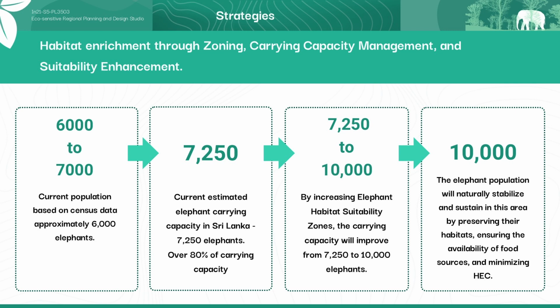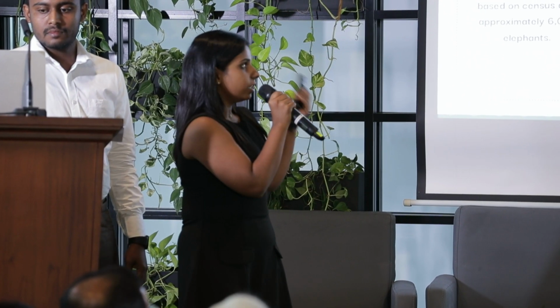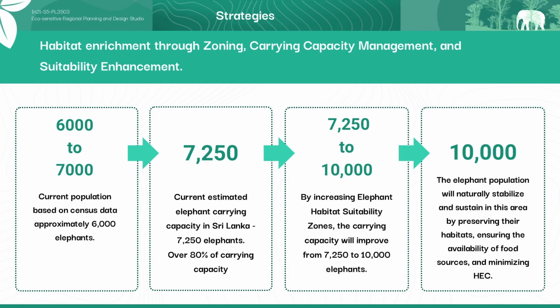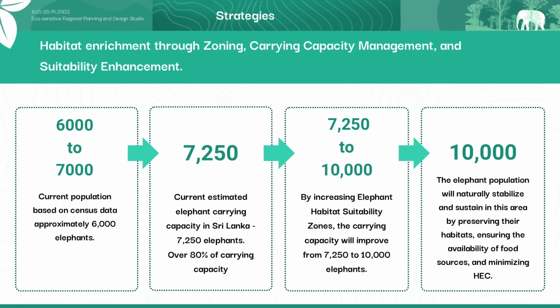Based on the 2011 Department of Wildlife Conservation census data, the estimated population of elephants is 6,000 to 7,000. And based on our calculation, within the existing conservation areas the carrying capacity is about 7,250 elephants, meaning 80% of the current capacity has been utilized.